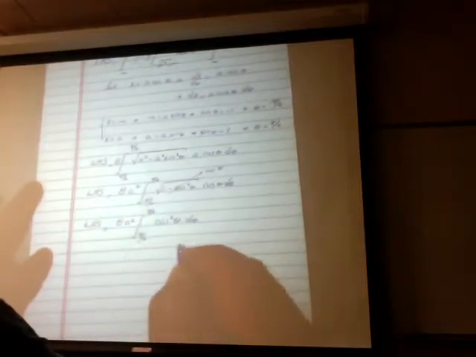Anytime you see a sine squared or cosine squared, use the formula of the cosine of the double angle. Okay? Remember, such that the cosine squared of theta is equal to 1 plus the cosine of 2 theta divided by 2.